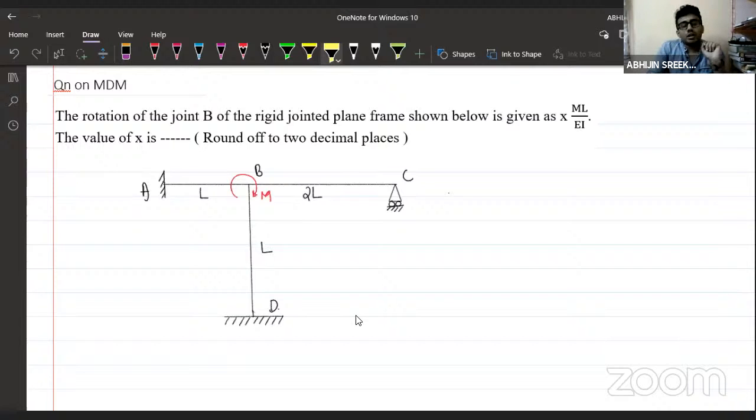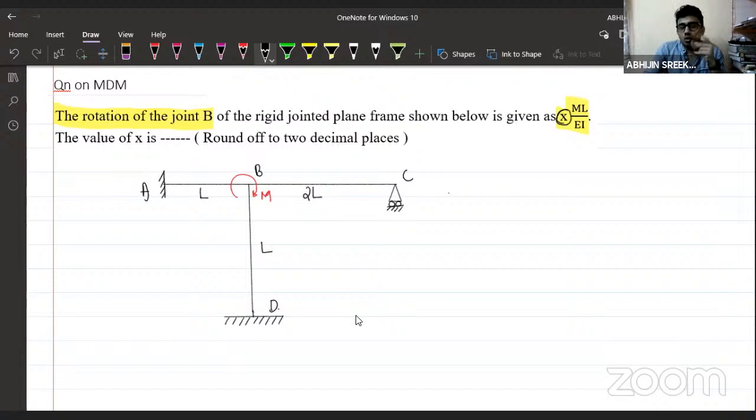I'll read the question for you. What is being asked, how we are going to get it, and what things are given in the question. The rotation of the joint B of the rigid jointed plane frame shown in the figure below is given as x into ML divided by EI, and we have to find the value of x, rounded off to decimal places.